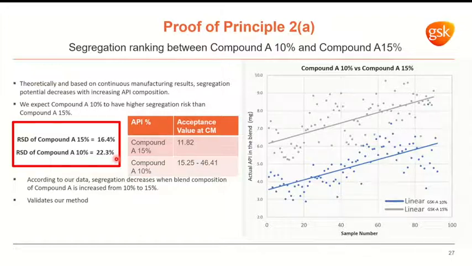This is exactly what we were expecting from the AV value at continuous manufacturing, and from the theoretical framework, and we got exactly the same results. As you can see, compound A 15% segregates less because it is showing an RSD of 16.4%, whereas compound A 10% segregates more because it is showing an RSD of 22.3%. So this again validates our method.